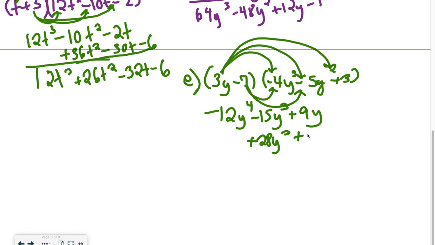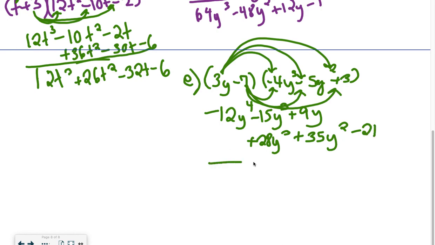That's a 35y squared. So that's negative 12y to the 3. There's no y squared for that to line up with, which is okay. And then that's minus 21.